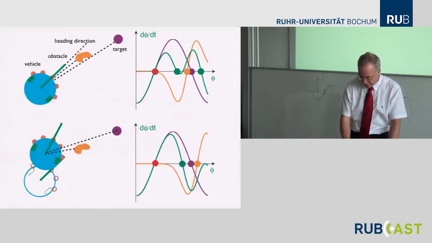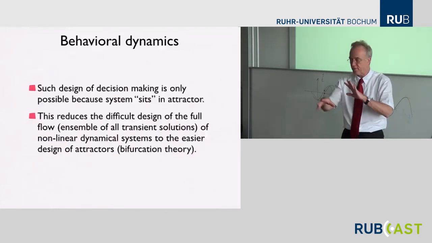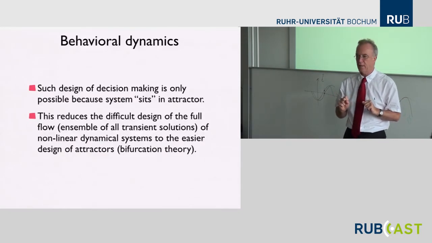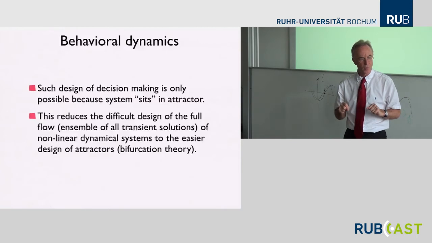So last point, I made a parenthesis. Last point, now that you're maybe convinced that it works, why does it actually work? If you're sitting in an attractor, why can you actually behave in an interesting way? If you're always sitting in an attractor, it's nice for the design.